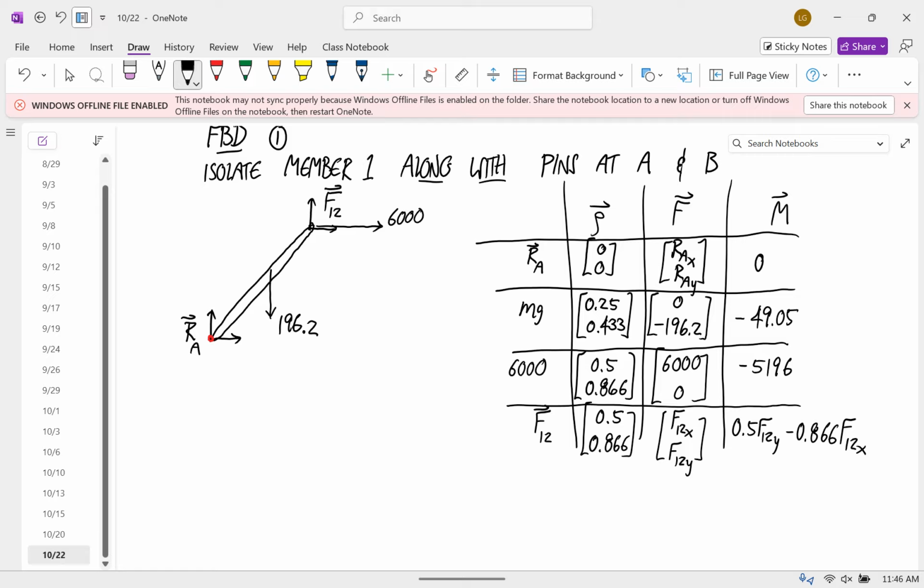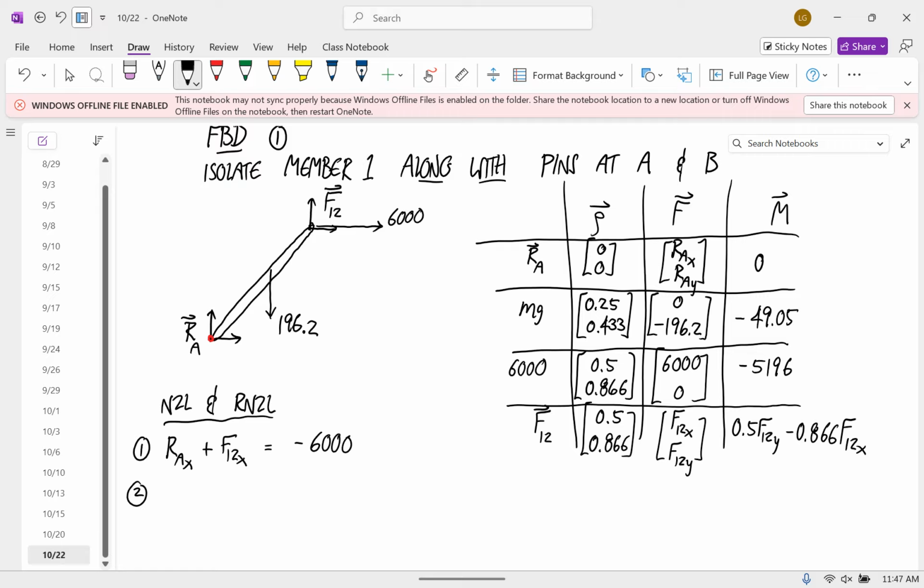Okay, so now we're going to write out Newton's second law and rotational Newton's second law. Since we're sort of out of time, I'm going to quickly write this down as 3 equations. A first equation that says RAX plus F12x is equal to negative 6,000.